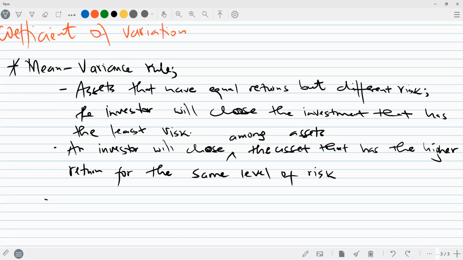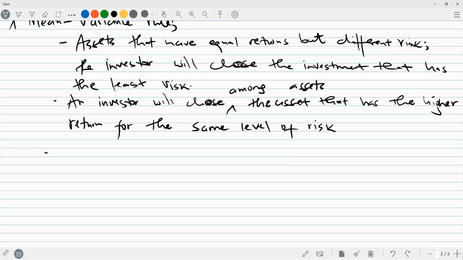Now, assume that we have two assets, the same A, B. This is the risk, 10% and 12%. Then you have return. For A, this is 15%, and this 17%. Which do you choose?